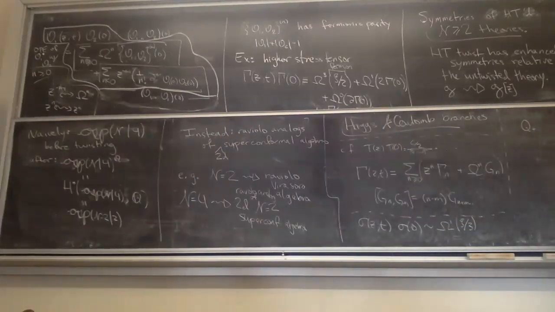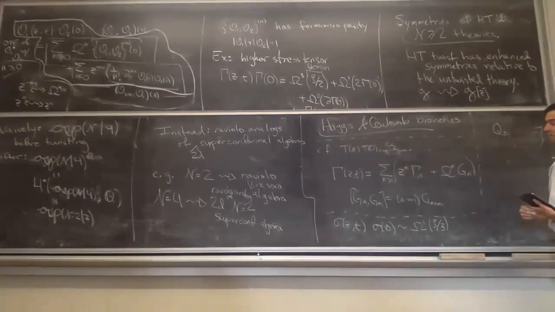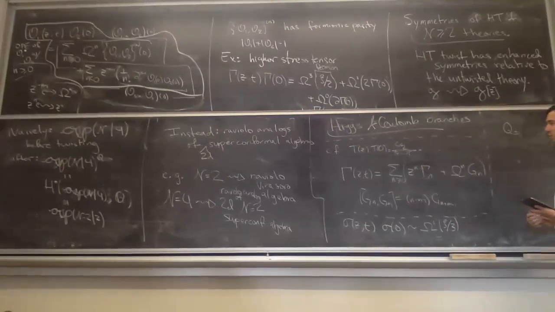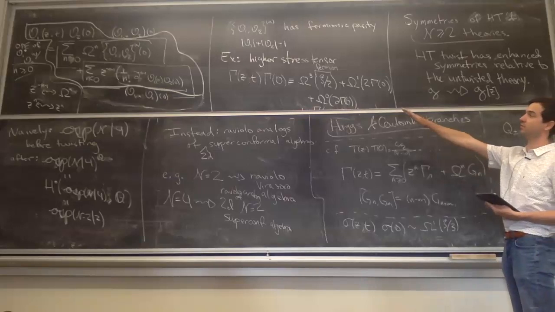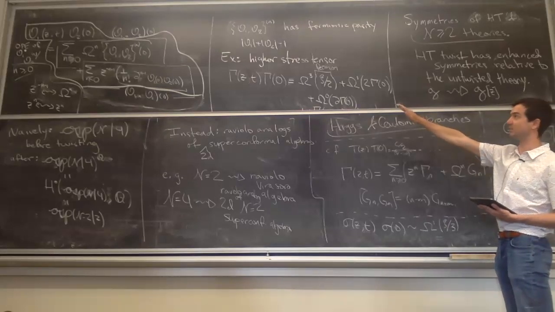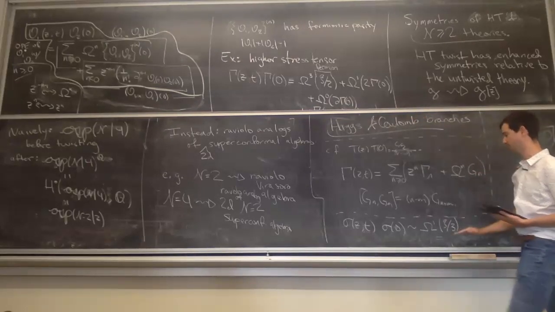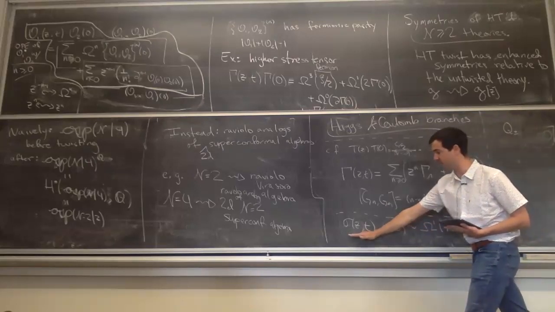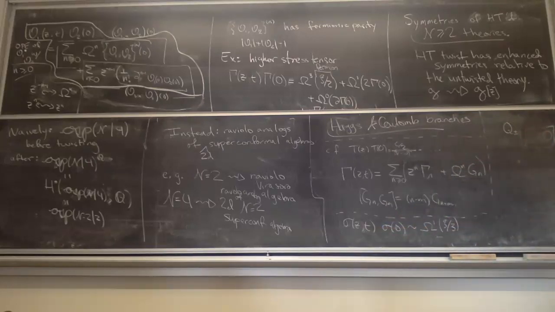Okay, so the raviolo analog of the n equals 2 superconformal algebra has fermionic generators, this gamma, which corresponds to a Virasoro field. We have a fermionic generator, sigma, which corresponds to like the superconformal current. And then we have two bosonic operators, Q plus and minus, that correspond to the supercharges in the n equals 2 superconformal algebra.